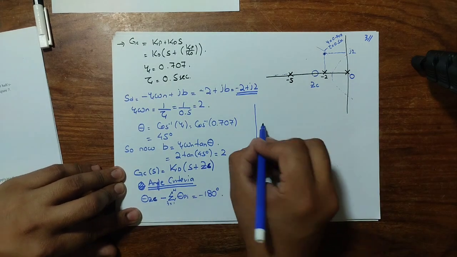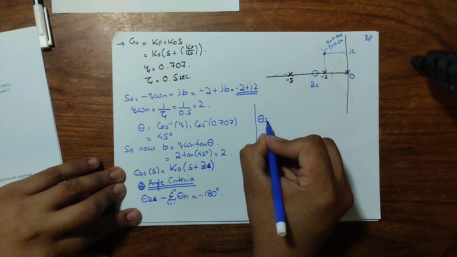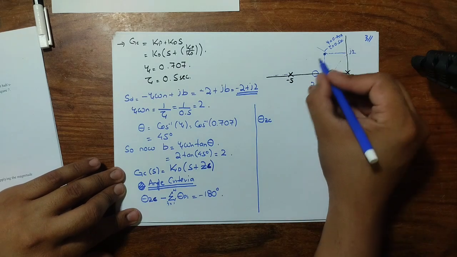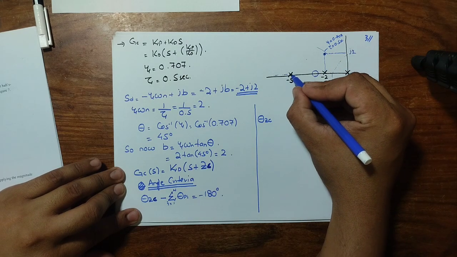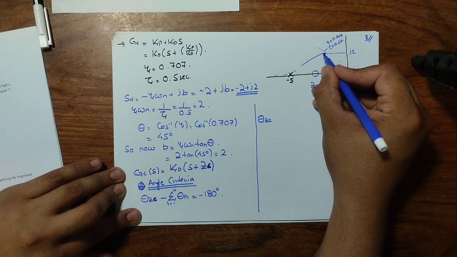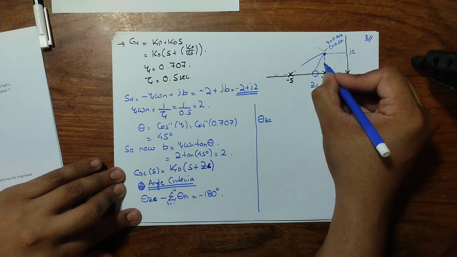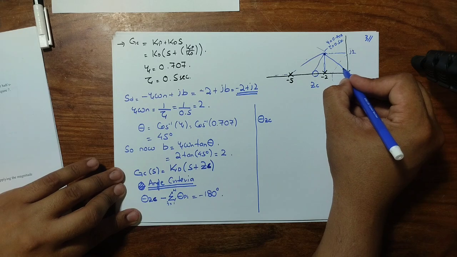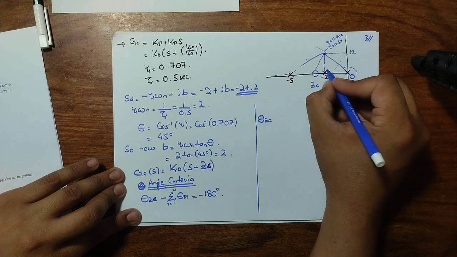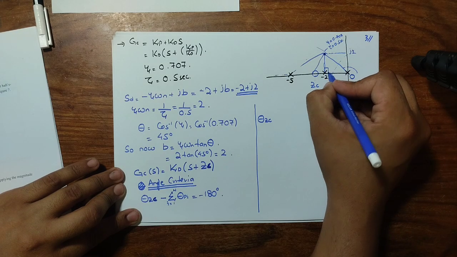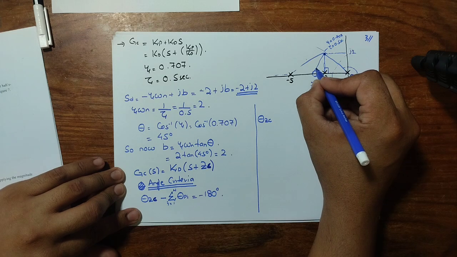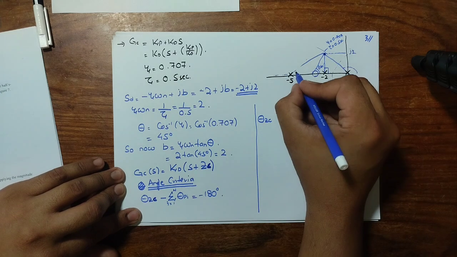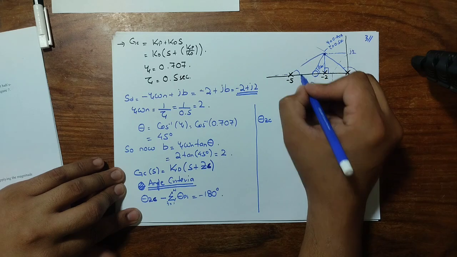So here in this scenario, theta zc is the angle of this compensator zero towards this desired point. So this is one of the angles, this is another angle, this is another angle, and this is another angle, right? So we have to compute all these angles. This is obviously 90 degrees. This is the angle of theta z naught that we are trying to find, and this is the angle of the third pole.